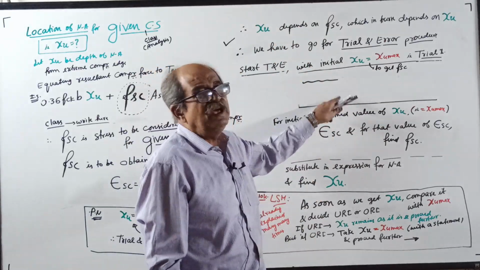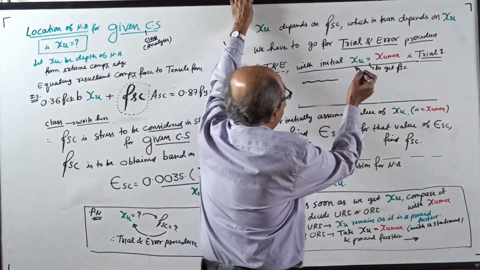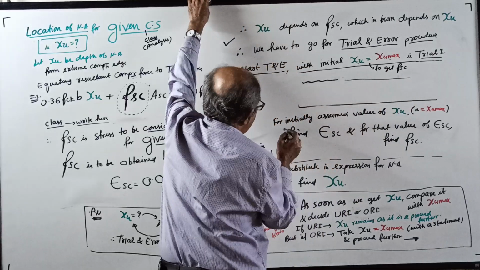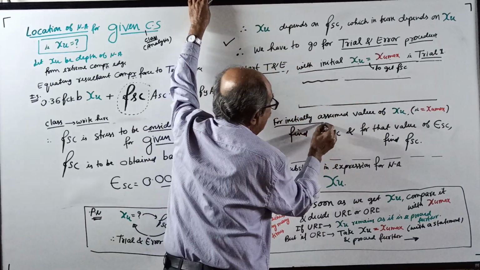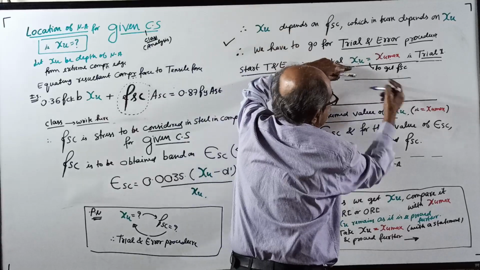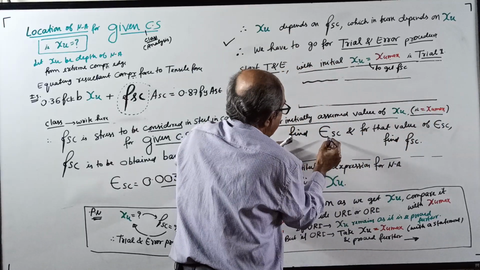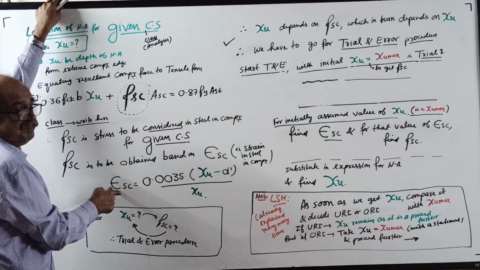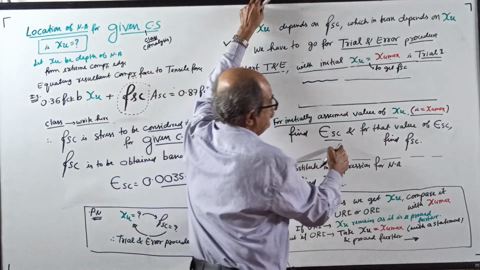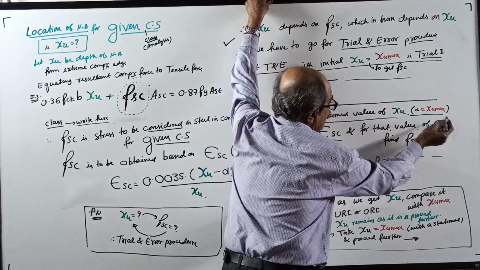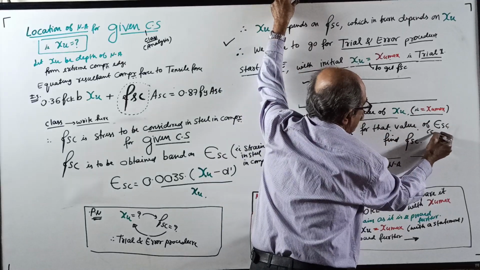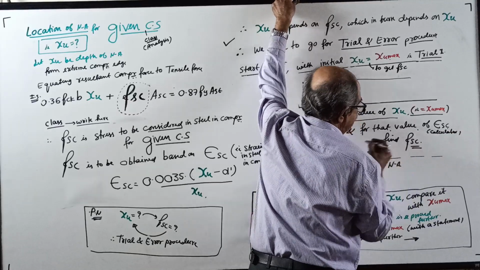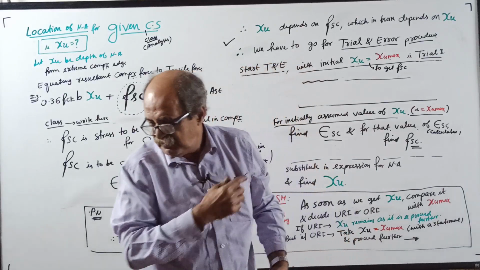So why confusion? We will try for XU equal to XU max, see what happens. Now, for the initially assumed value of XU, that is XU max, find epsilon SC. Once you find epsilon SC, for that calculated value of epsilon SC, find FSC.